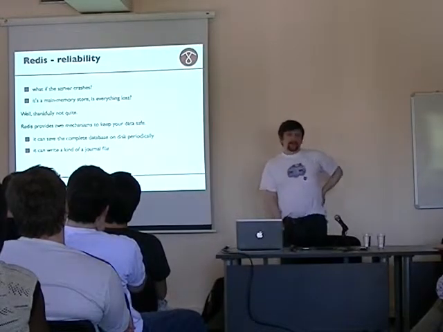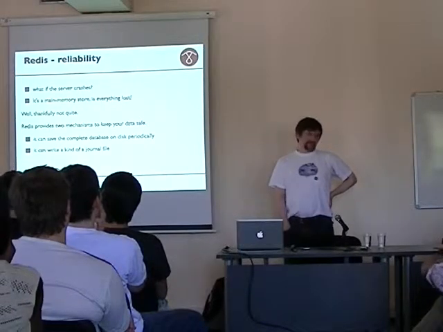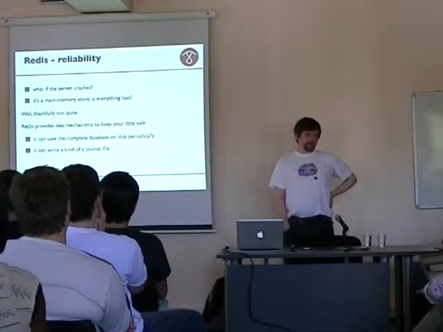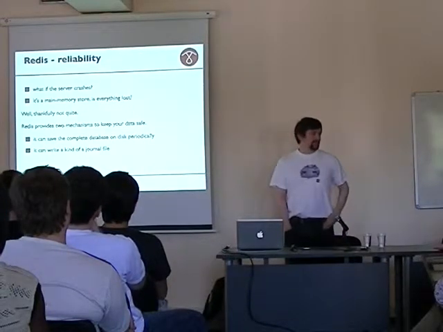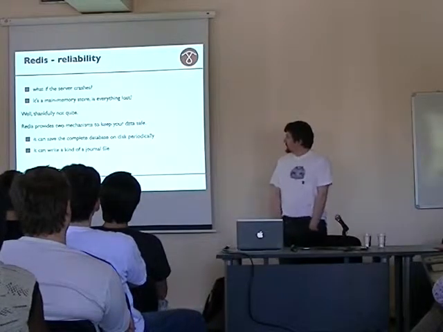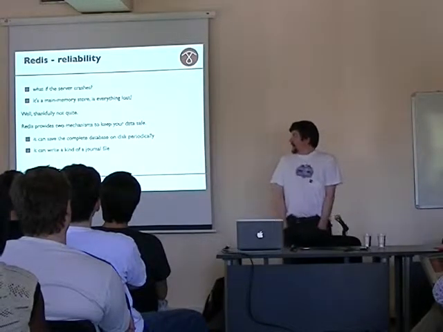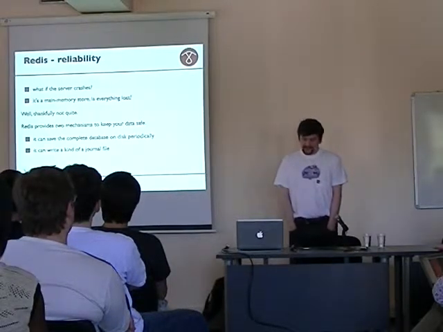Now, the interesting feature of Redis is that it is an in-memory store, but it also gives you some persistence, because otherwise, without persistence, you can just use memcached unless you need those complicated data types. So Redis supports two different mechanisms for providing persistence.